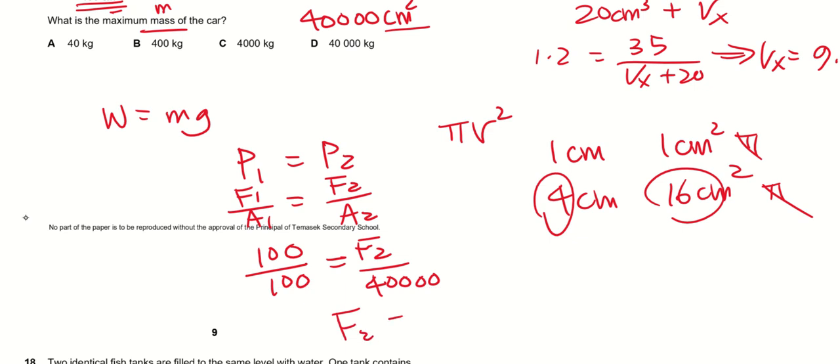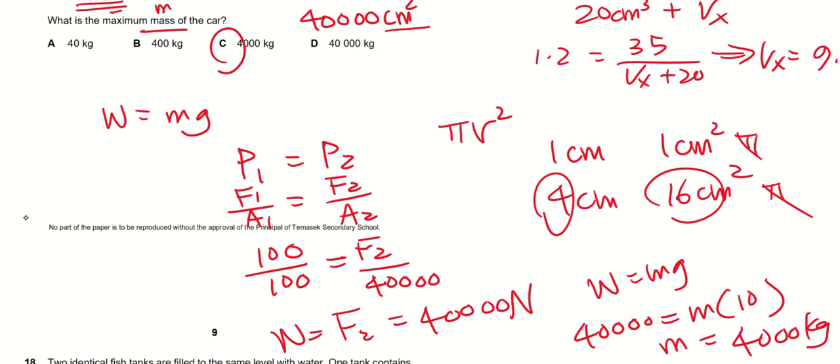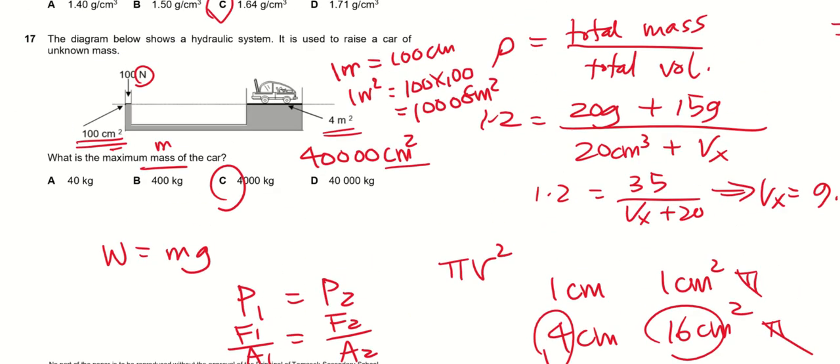So F2 is going to be 40000 newtons. Okay, and since this is equal to the weight and W equals mg, that means 40000 newton equals the mass multiplied by gravitational field strength. That means the mass is going to be 4000 kg. Okay, so answer is C. So 17, answer is C.